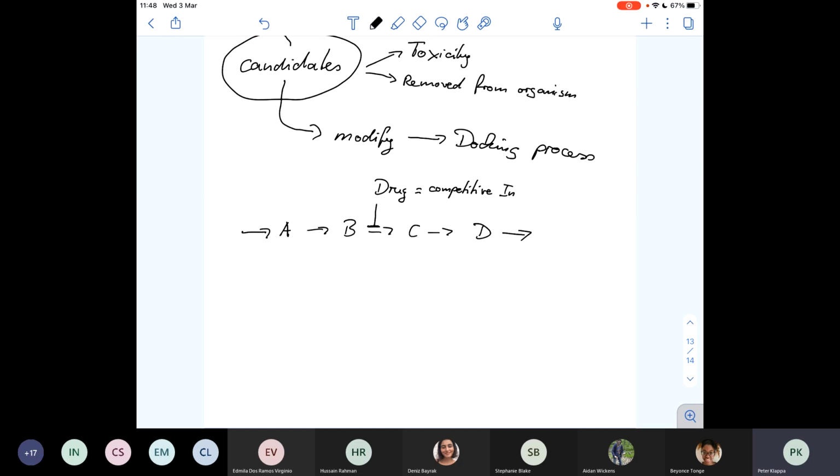Now, tell me, what will happen if we add this drug to the pathway? What will happen if we block the reaction from B to C? What happens to the concentration of C?